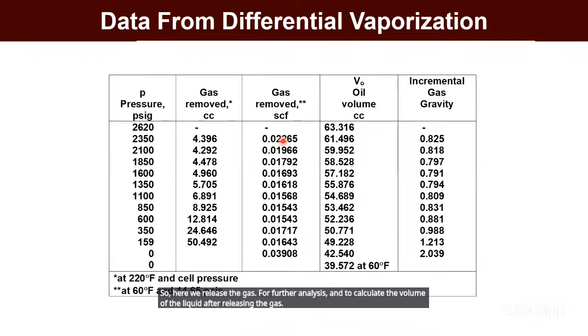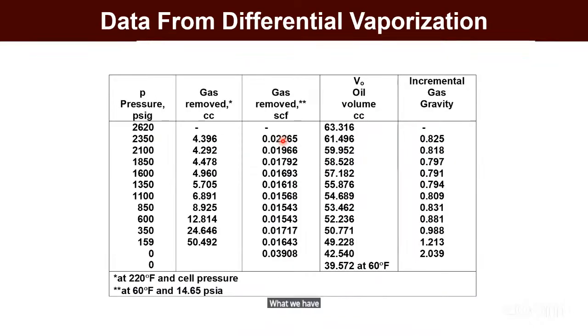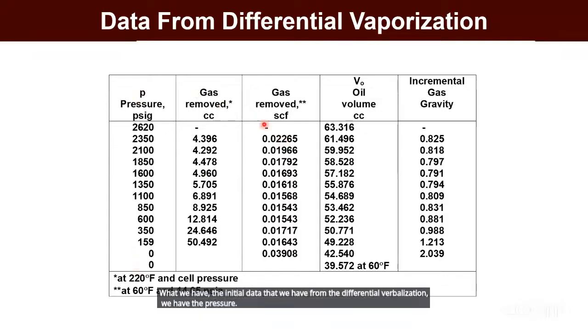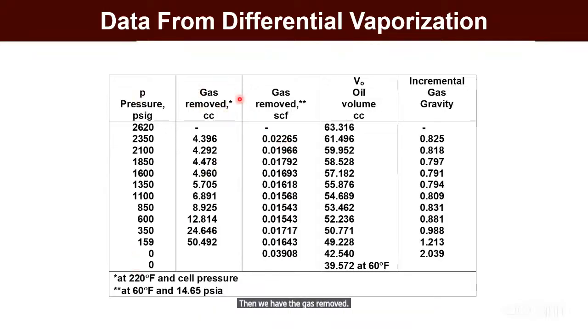So here we release the gas for further analysis and to calculate the volume of the liquid after releasing the gas. The initial data that we have from the differential vaporization is the pressure, then the gas removed at cell conditions, which can be calculated as standard cubic feet, and the oil volume at cell conditions, and then we can calculate the gas gravity at each stage. These are the different stages.